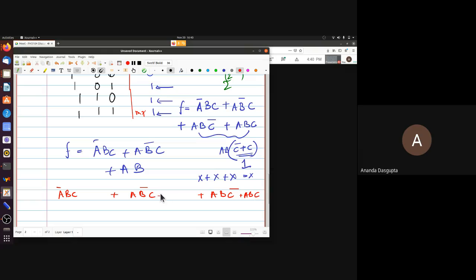You have only 1. But unlike ordinary algebra, Boolean algebra has this huge advantage that 1x is the same as 3x's. You can add it to all 3 of them. Of course, if you do that, this term becomes A bar plus A, which is always true, always 1. So this is BC. B plus B bar is 1, so this gives you AC.